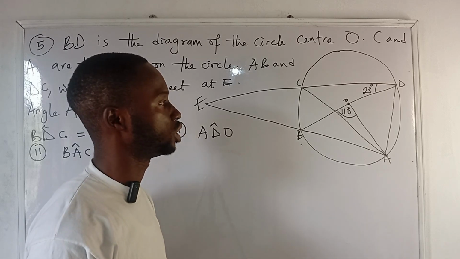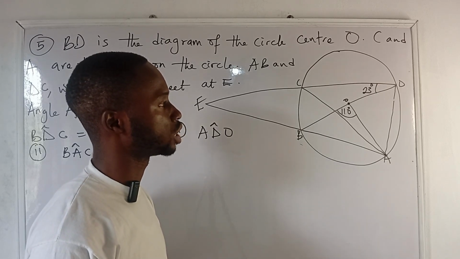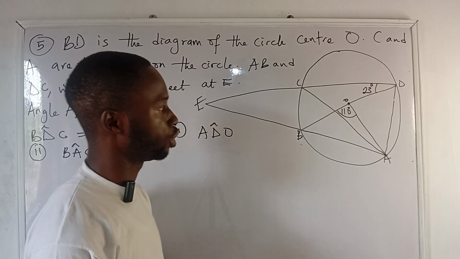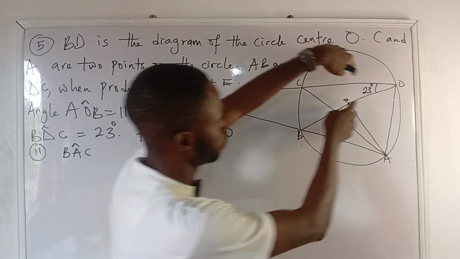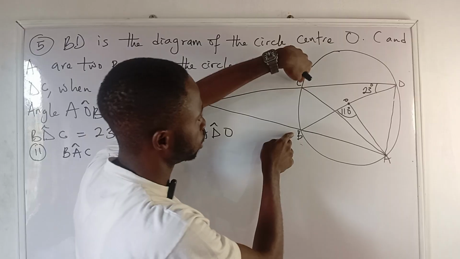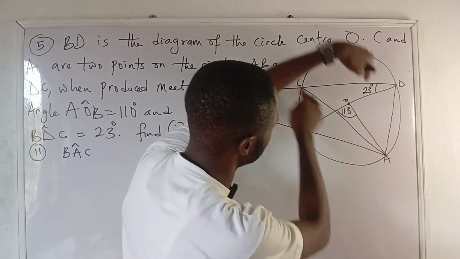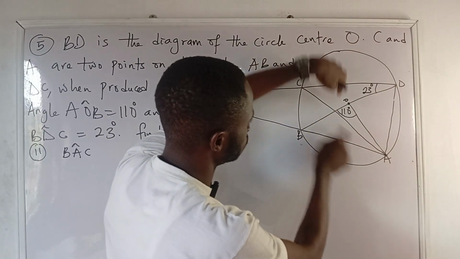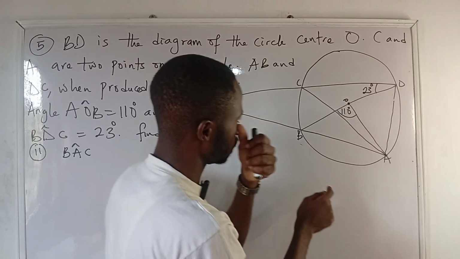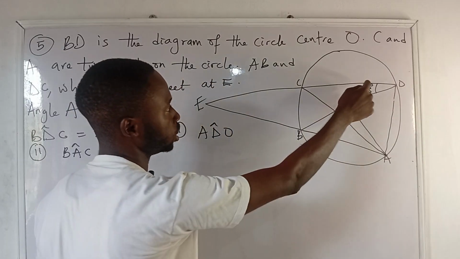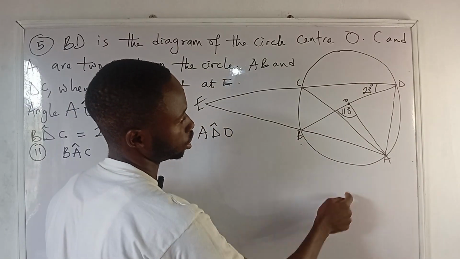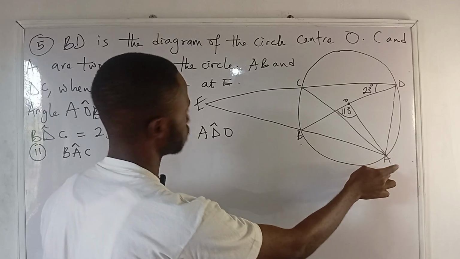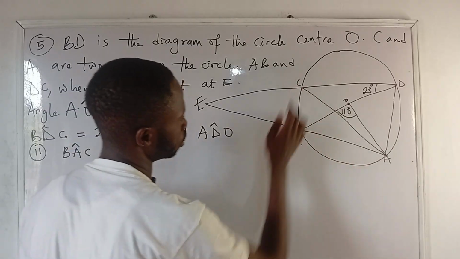Based on the theorems that we've treated, this looks like angles in the same segment are equal, because it's coming from here. It's forming an angle at the circumference here, that's 23. And also from here, it's forming this angle CAB, or BAC. So we can say that angles in the same segment are equal. This angle here is equal to this angle here, not this one. This angle that is here is angle BAC.